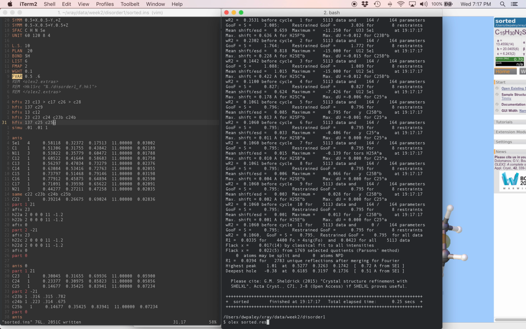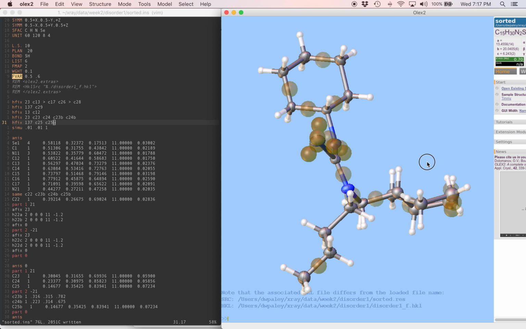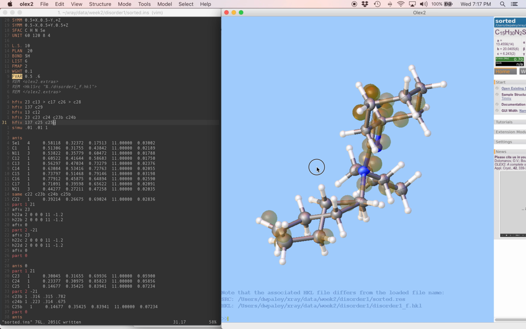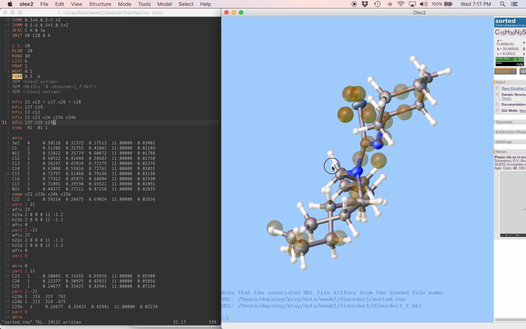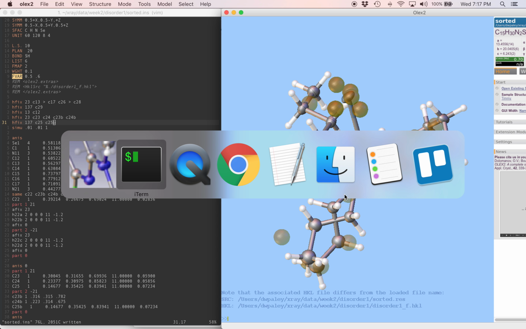Run that refinement again. Now the R factor is down to 3.9%. Okay, still looking good. There's no surprise there. We know the hydrogens are going where we tell them to, so there's nothing that we would be surprised by after just adding hydrogens.